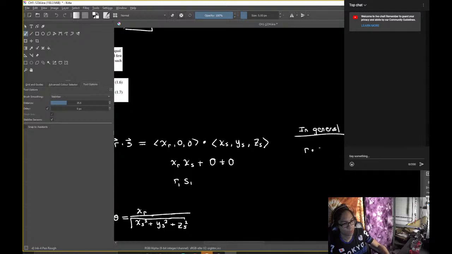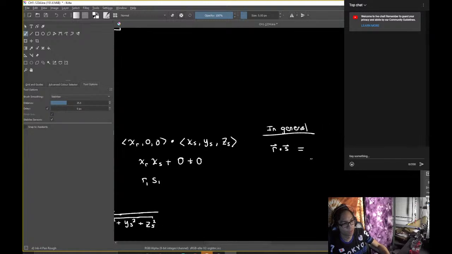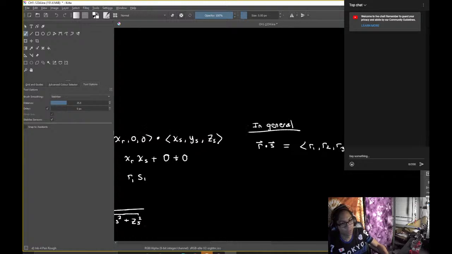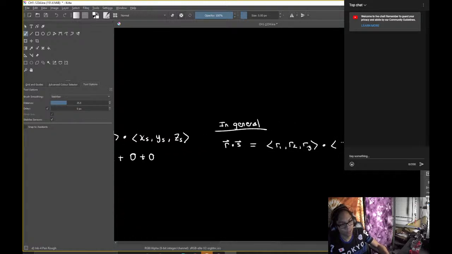R dot S is basically saying this: R1, R2, R3. Okay, I think it's fairly obvious that this is gonna happen, but I'll just point it out.